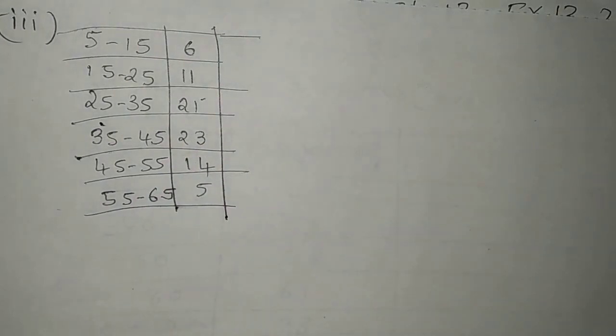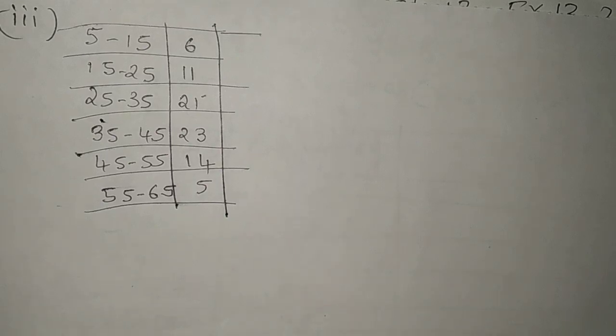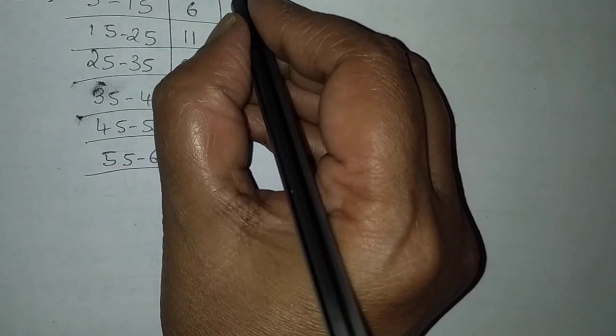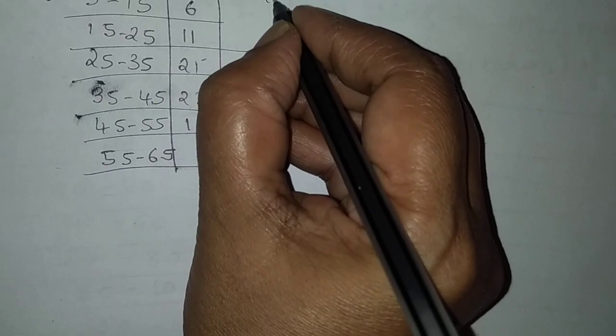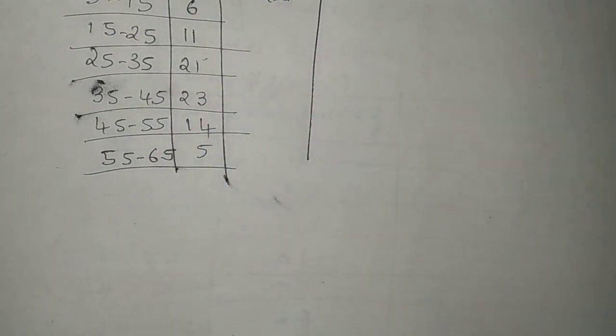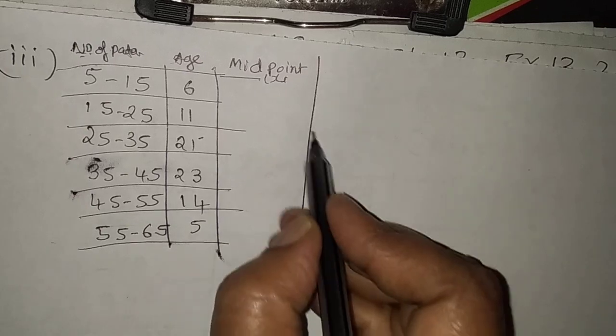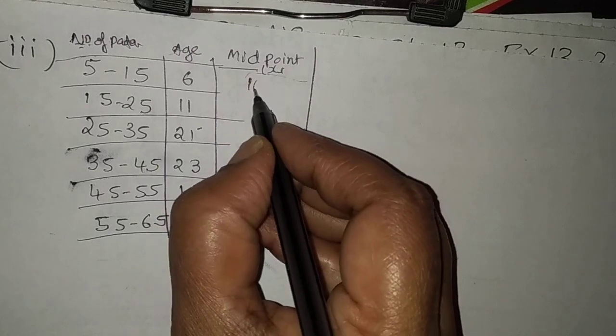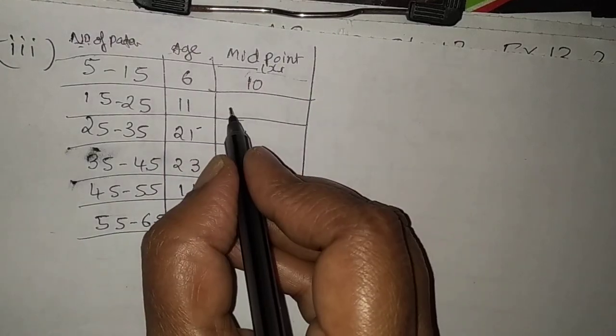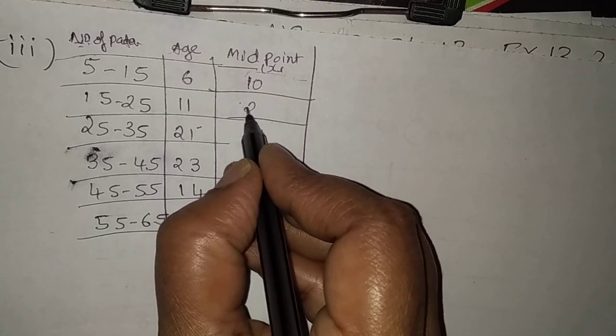Next we'll calculate the midpoint. So class interval, there is number of patients, and then midpoint. Midpoint is what? Xi. So what is the midpoint between 5 and 15? Will be 10. Then 15 to 25 is 20.